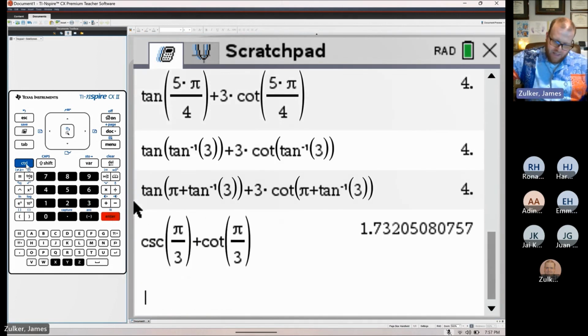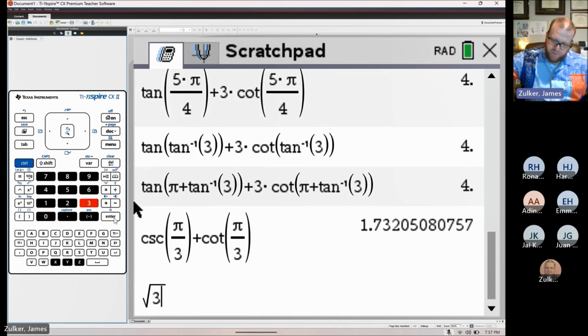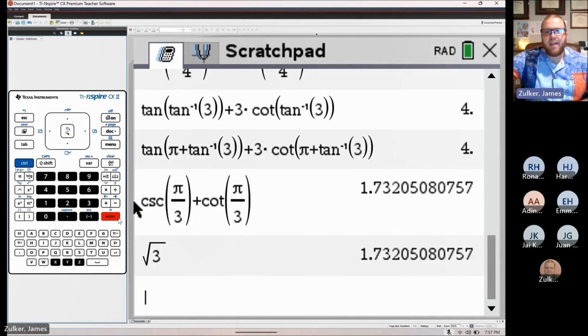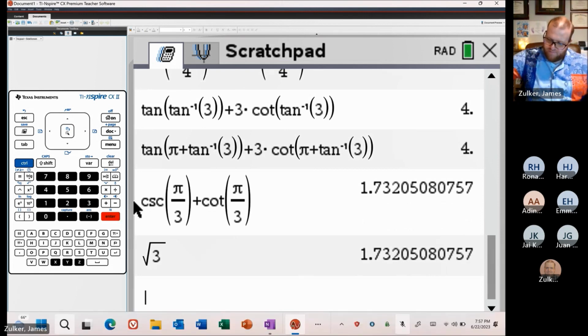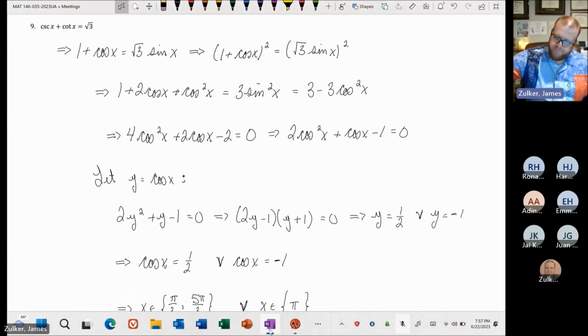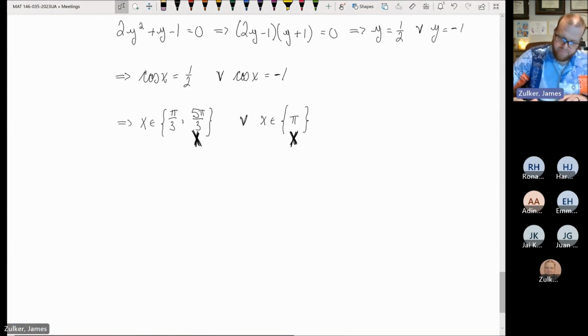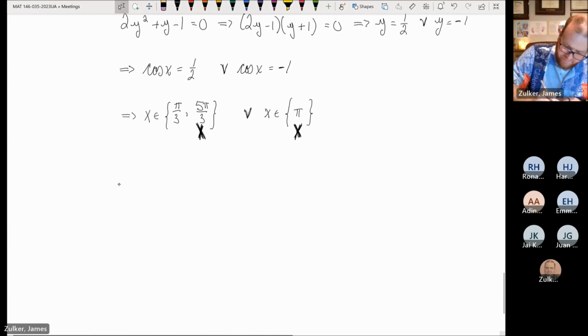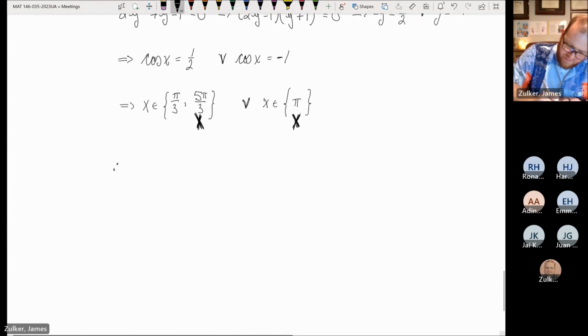That is that. And what's square root of 3? That checks out. We have a single solution. X is pi over 3.